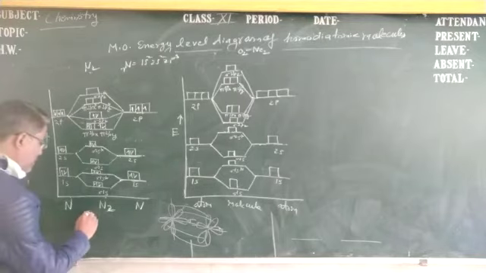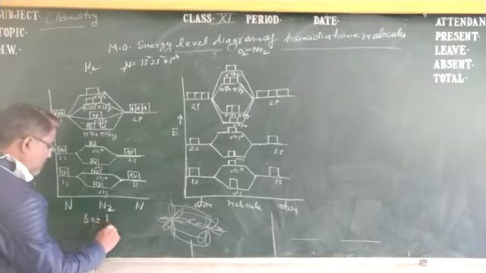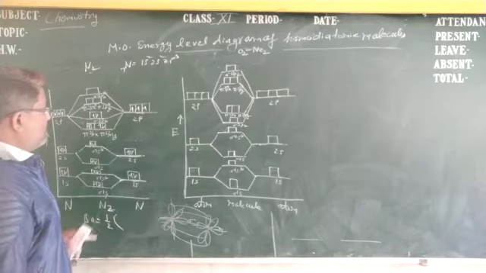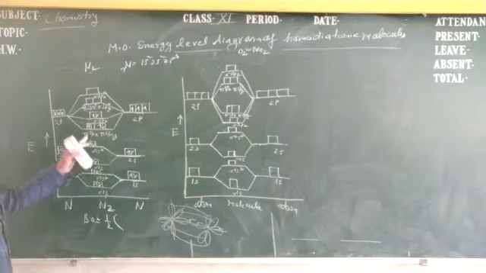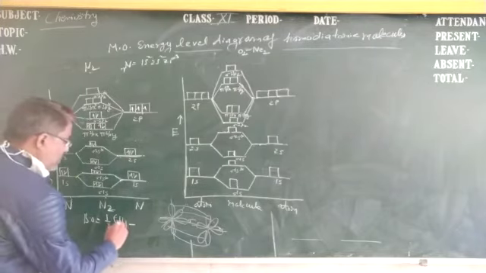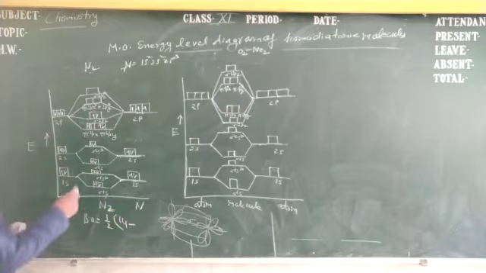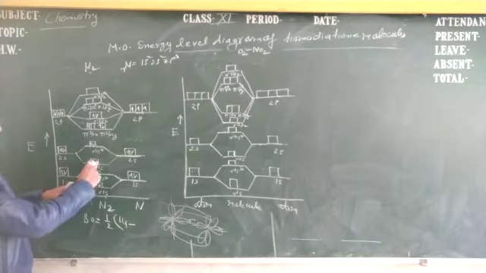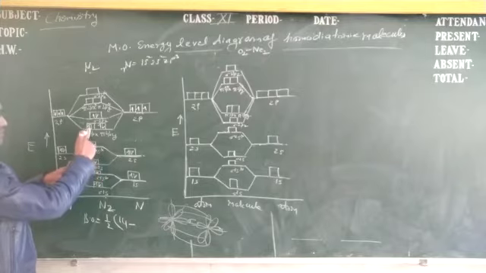You can find out the bond order. That is half the number of bonding electrons minus antibonding electrons. You count the number of bonding electrons: 8, 9, 10, 12, 13, 14. Count, just see. 2 here, that is bonding. 2 here, that is bonding. That is 4. Then 10 electrons are there.